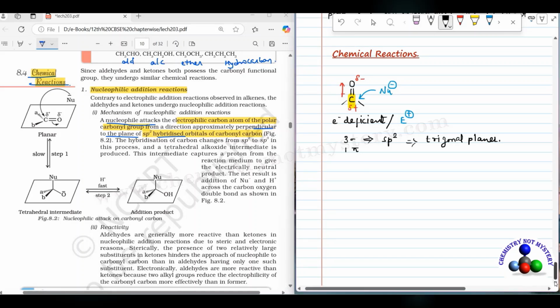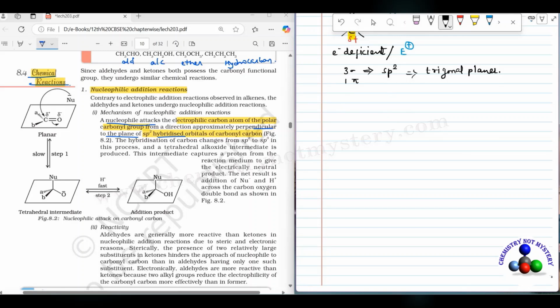So now let's see the mechanism of the reaction. So this is the carbonyl carbon and here there are 2 valencies of carbon. When attacking reagent nucleophile approaches to carbonyl carbon, it will attack to electron deficient carbon and this pi bond moves to oxygen.